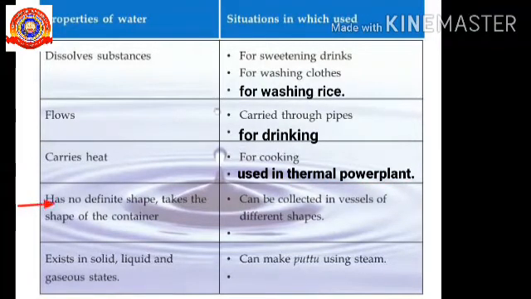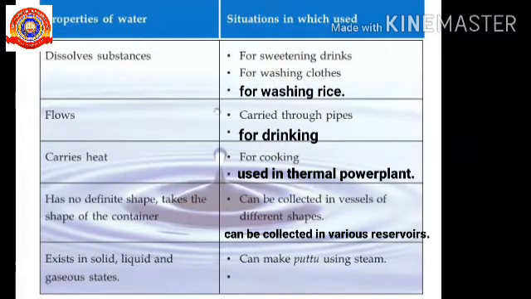Next property, water has no definite shape. It takes the shape of the container. So it can be collected in vessels of different shapes. Another point we can fill here is it can be collected in various water reservoirs. Next property of water is it exists in solid, liquid and gaseous state.